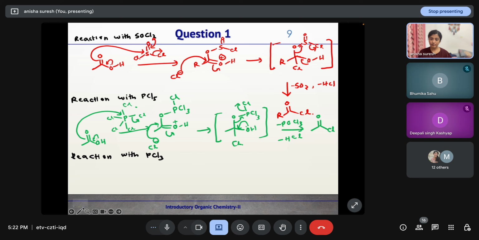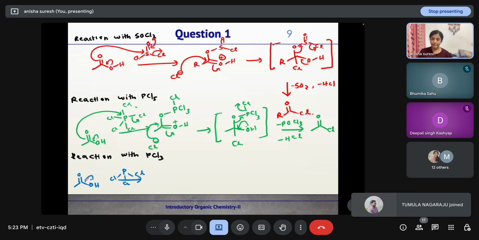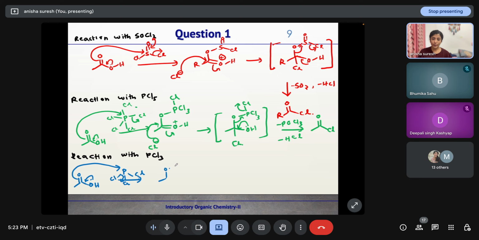Okay, OH in the presence of PCl3, Cl minus will leave, leading to formation of O PCl2 double bond OH plus.